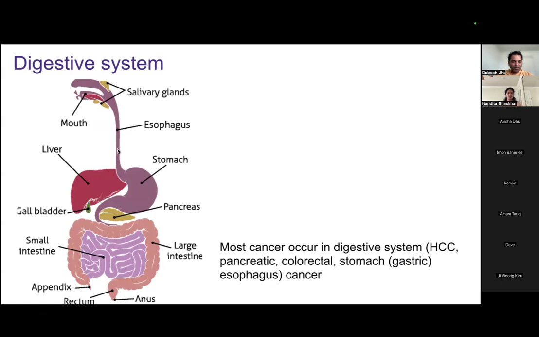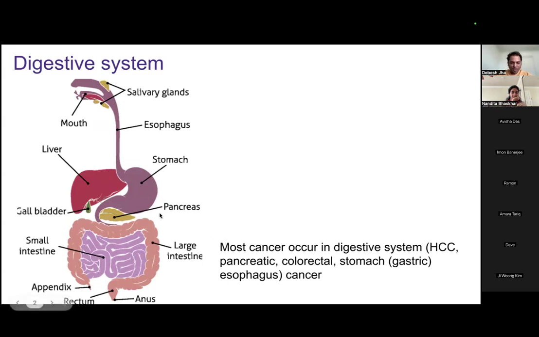For example, here you can see organs from mouth to anus. The reason I wanted to show this digestive system is we'll talk about most of the cancer related to liver, stomach, pancreas, large intestine, small intestine, etc.